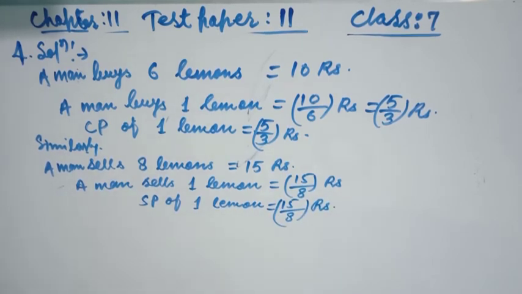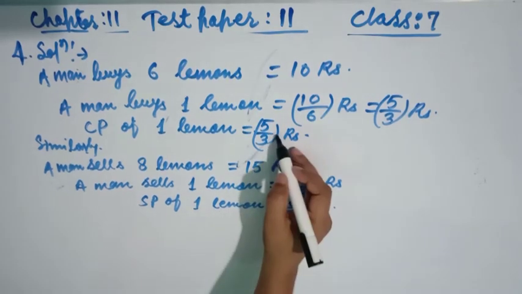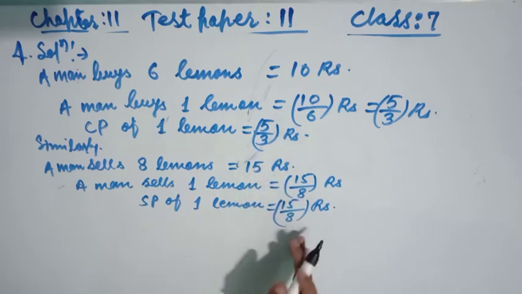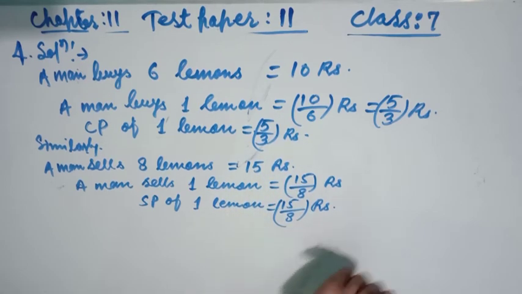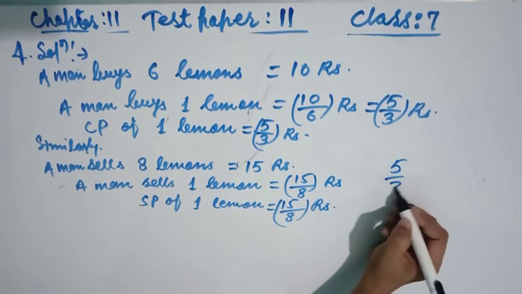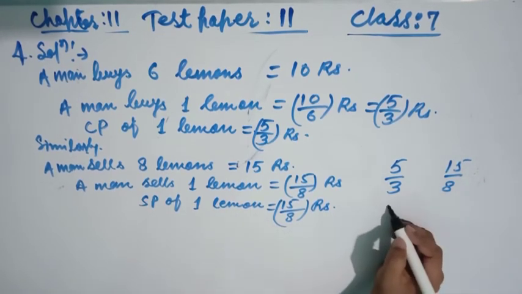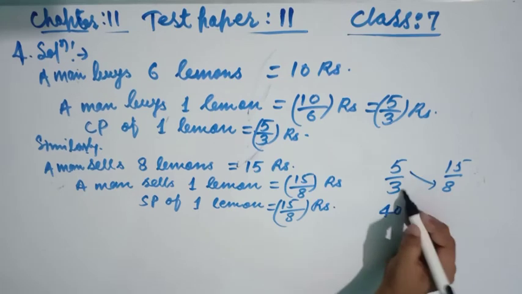Now friends, it is given that we have to find the gain percent. But this is in fraction form and this is also in fraction form, so which fraction is greater? We know how to find out. This is 5 by 3, this is CP, and SP is 15 by 8. After cross multiplication, this is 40 and this is 45.